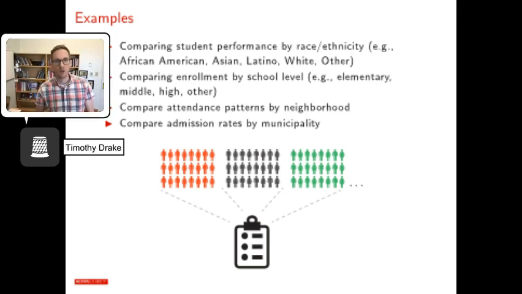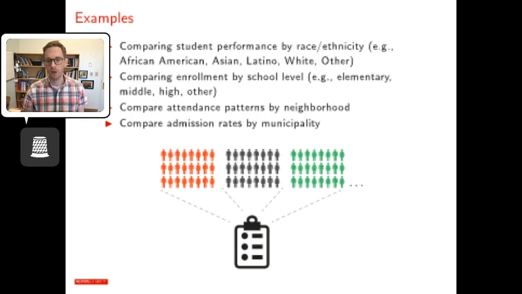So what are some examples? Maybe we want to compare student performance by race, ethnicity. I want to know in a school or a district or a state or across the nation or between countries, whether students of different race ethnicities have different performance on some standardized exam. Or maybe I want to look at the difference in enrollment between school levels: elementary, middle, high, and other.